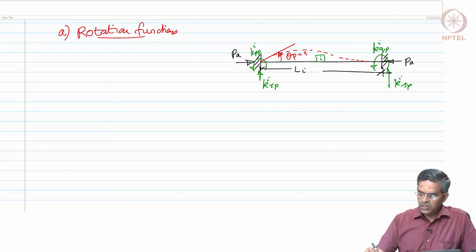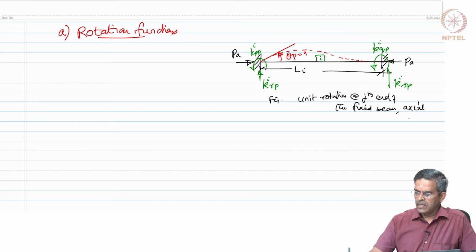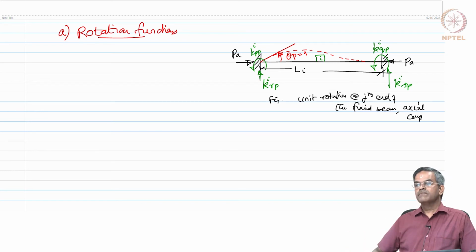Right. So, now this figure indicates unit rotation at jth end of the fixed beam, am I right? Subjected to axial compression, correct?